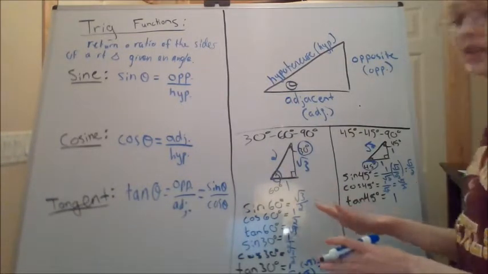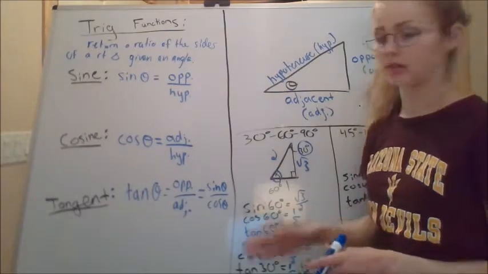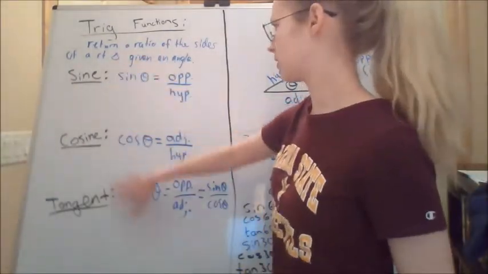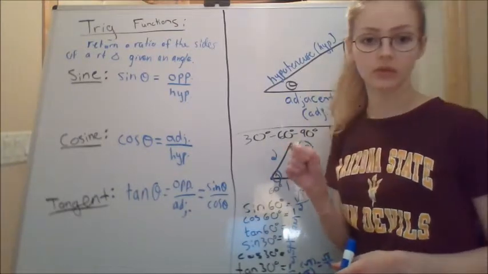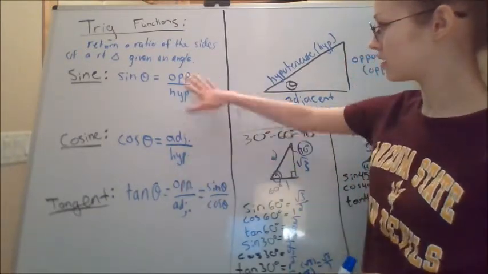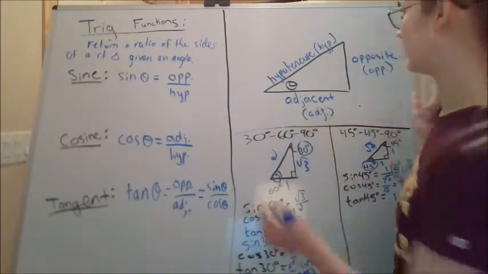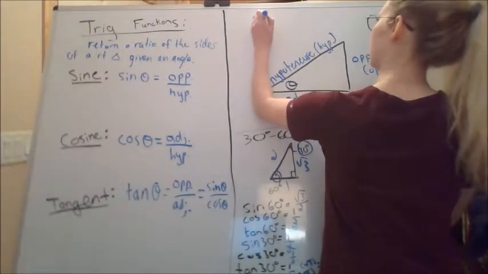So this has been an introduction to the three trig functions that we use the most. One cool thing that you can use to remember these functions and what they represent is SOHCAHTOA.